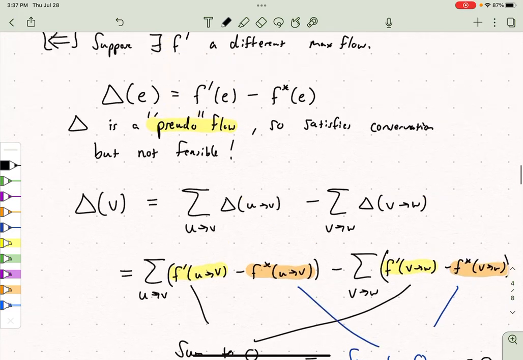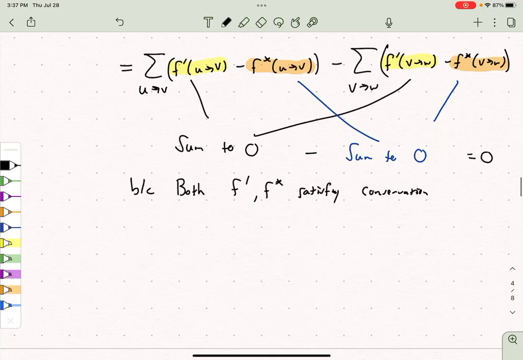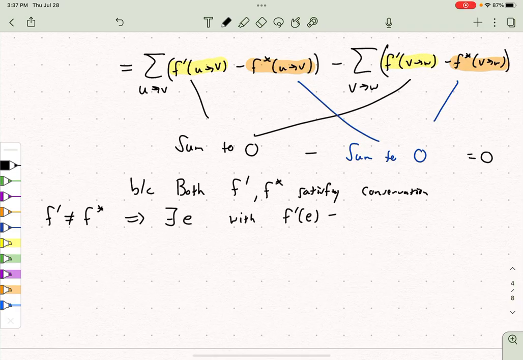Well, because f prime and f star are different, we know there exists some E with f prime of E not equal to f star of E, and that implies delta of E is not 0.